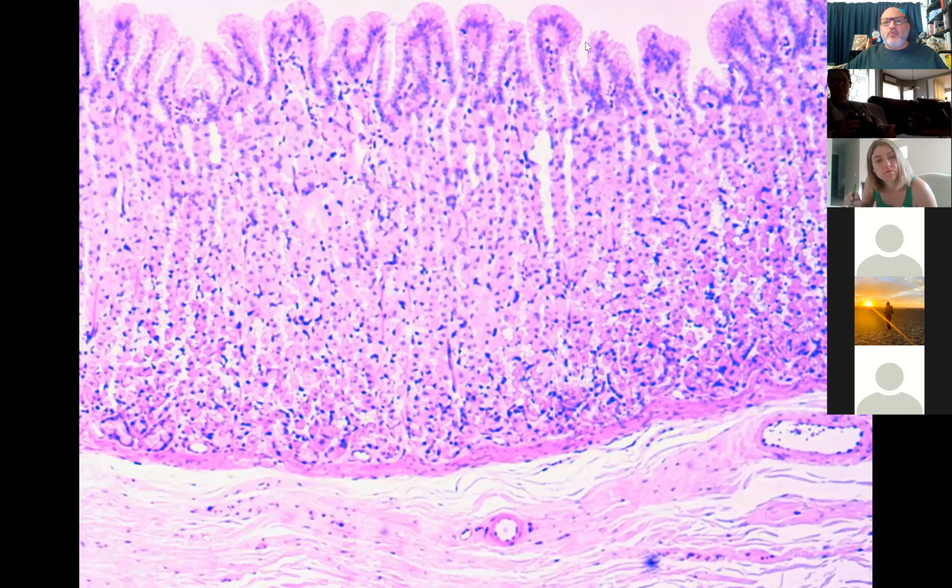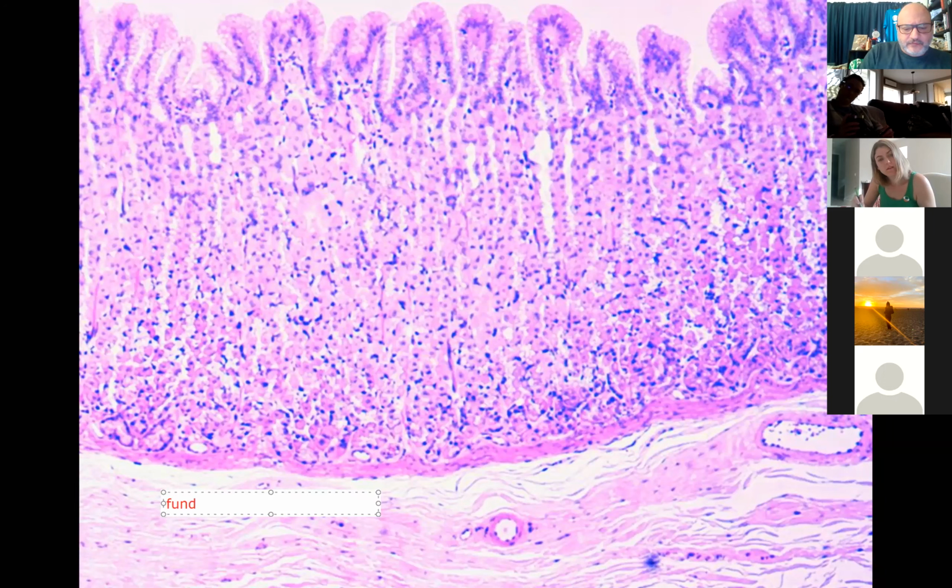This is typically what the fundus, or the body of the stomach would look like, with the large, deep glands, with lots of parietal, lots of chief cells, lots of things along those lines.